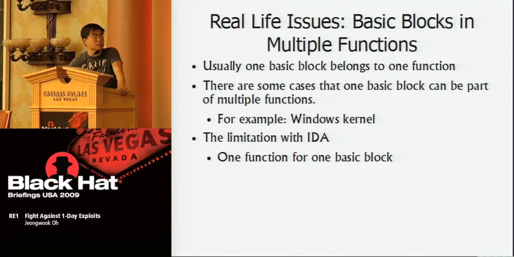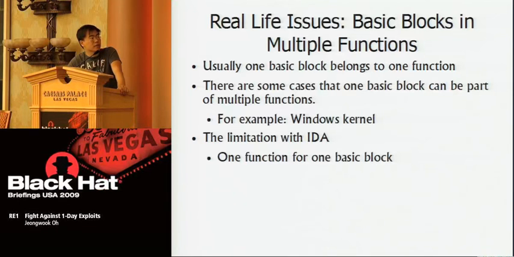So IDA must choose one function, and maybe it can fail in identifying some functions. That's the limitation of IDA.